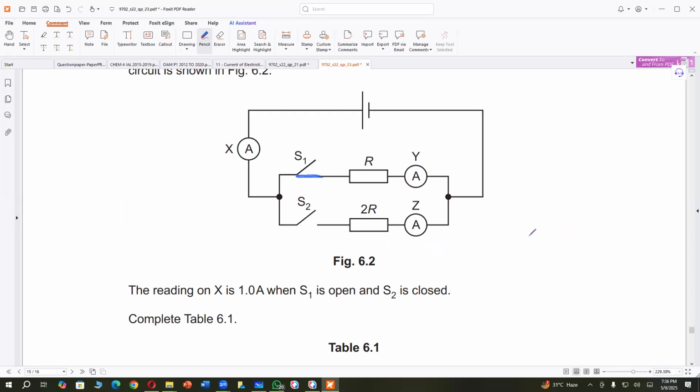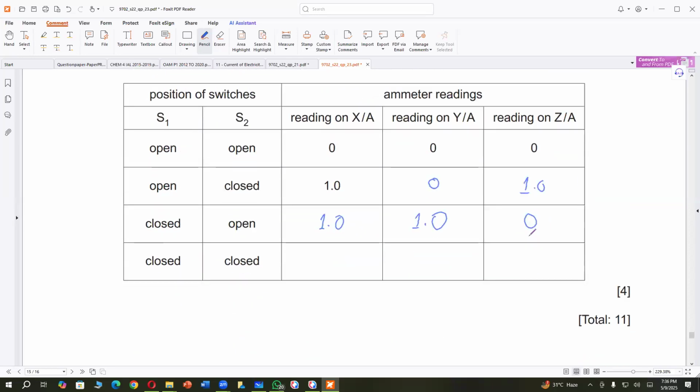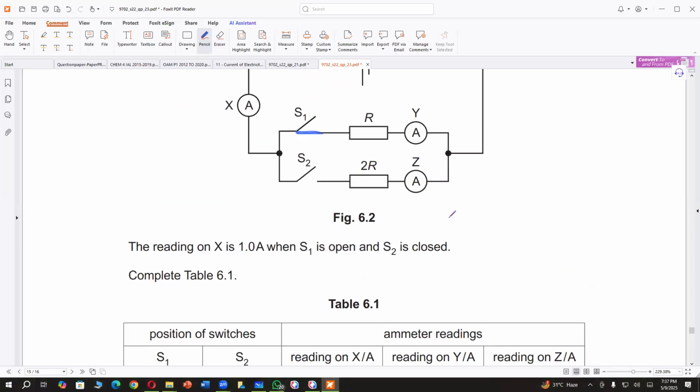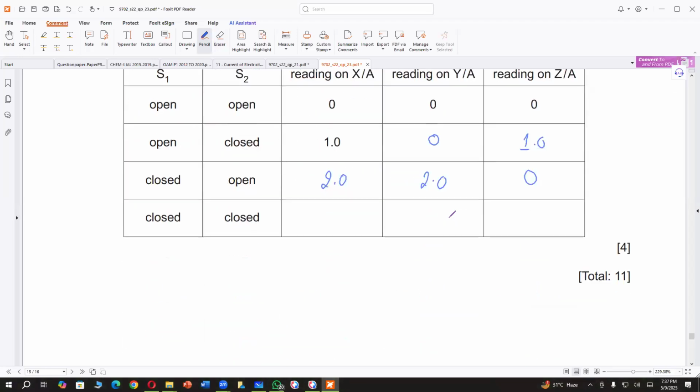So current will double. R is half of 2R. So current will double in this case because resistance is half. The resistor at Y is half, which means double of current.